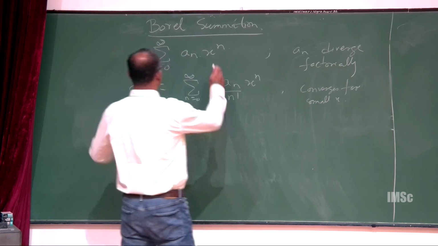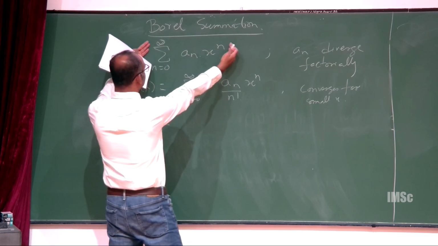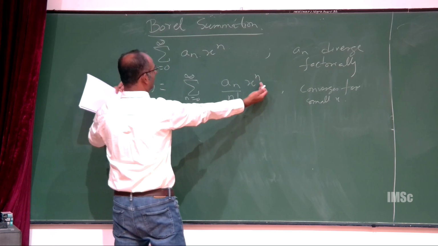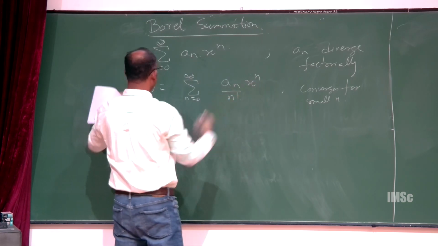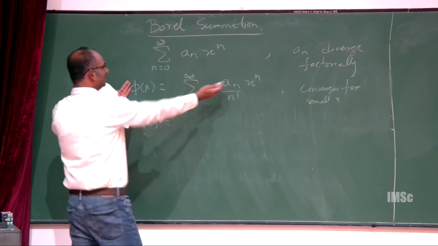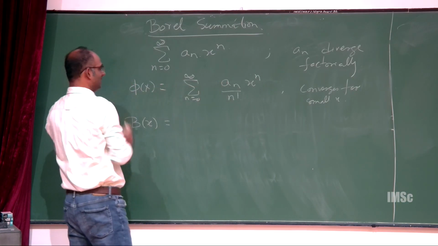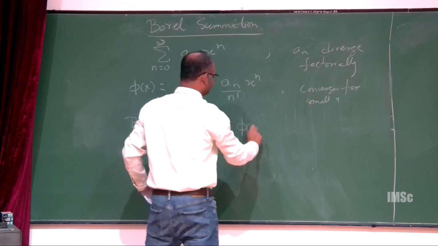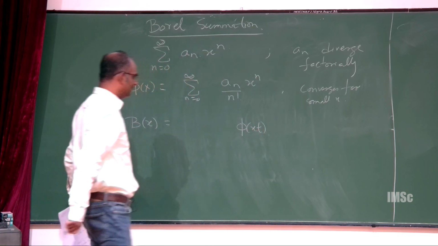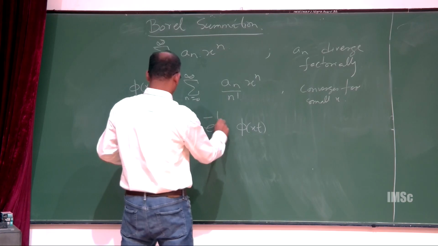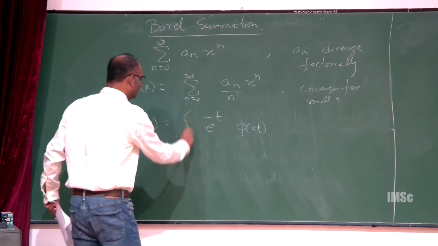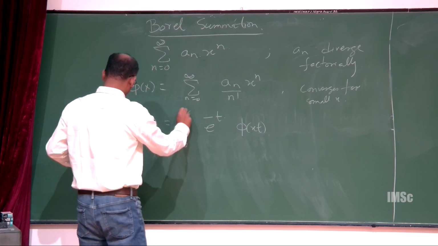So that's the series we have, divergent. I have defined another series which is convergent by dividing the coefficients by n factorial. I take that function, which is convergent for small x, so it's some function, scale it by t, and integrate this from 0 to infinity.